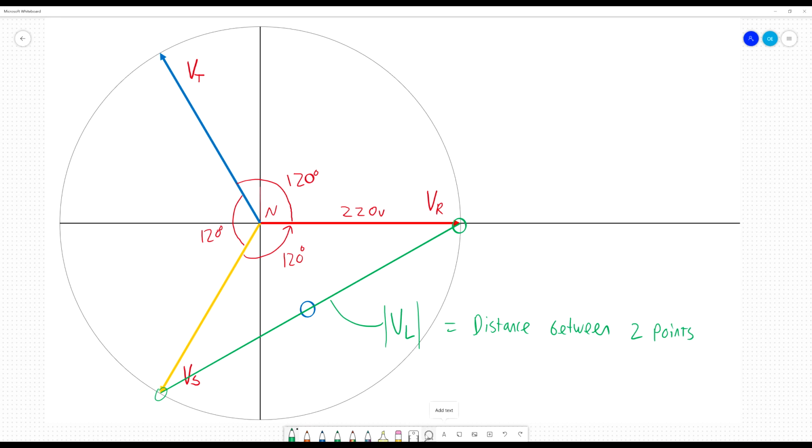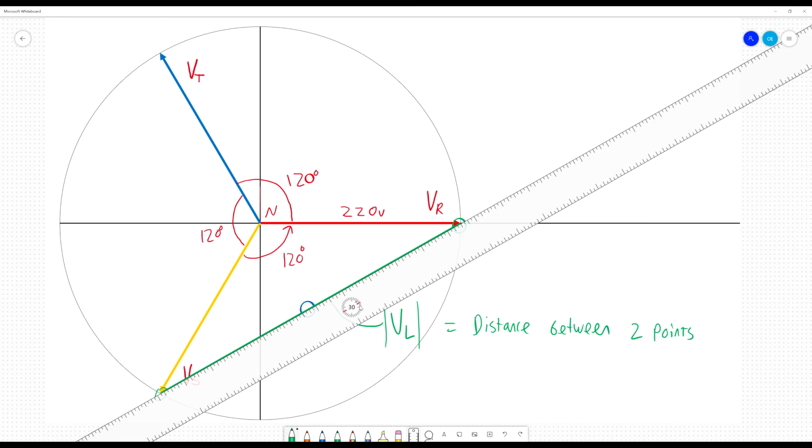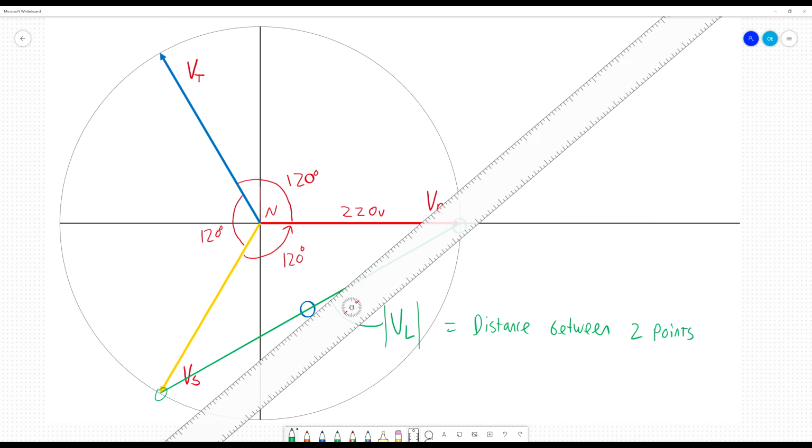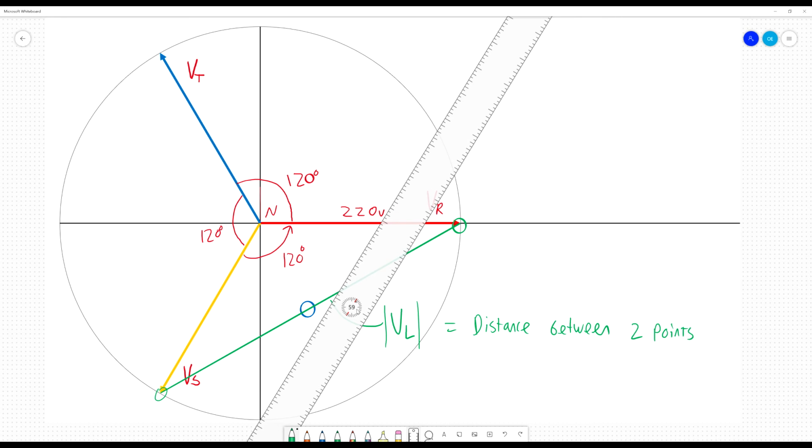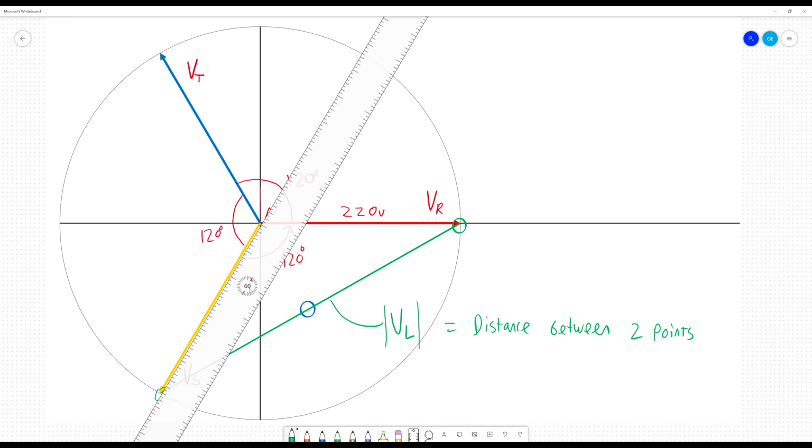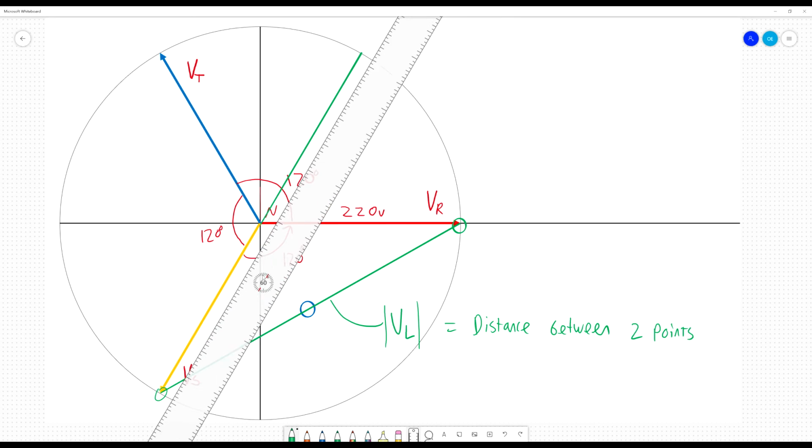Or I can use standard graphical vector analysis methods in this case to work out what it actually is. So let's do that. I'm going to copy the VS line up here, and I'll make sure its magnitude is the same, because I have got this circle here to guide me.